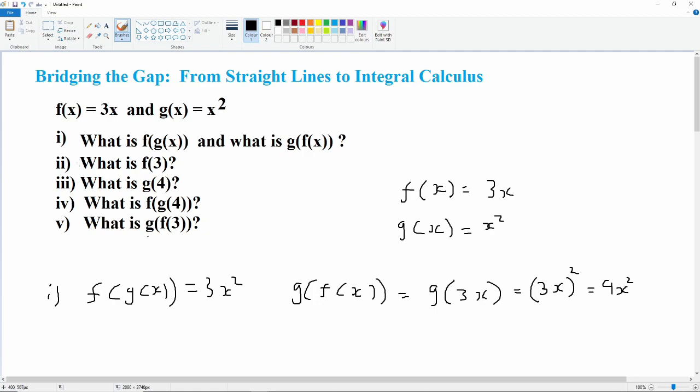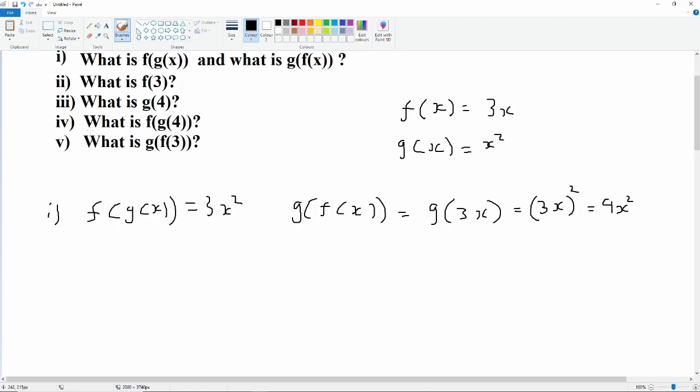So that's part 1 done. Okay, so part 2. What is f of 3? Okay, well f of x is equal to 3x, so f of 3 is equal to 3 times 3, which is equal to 9.